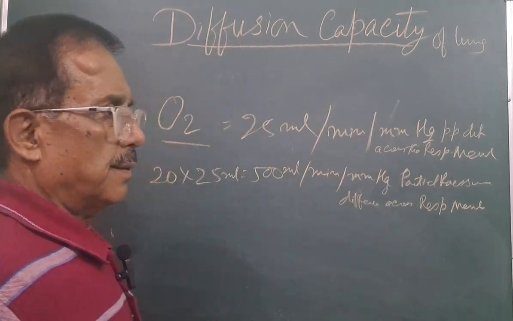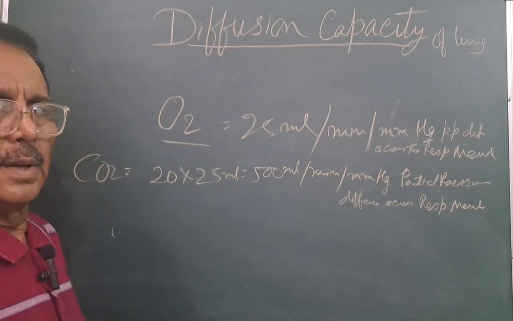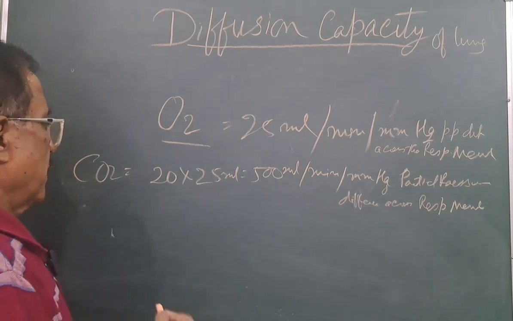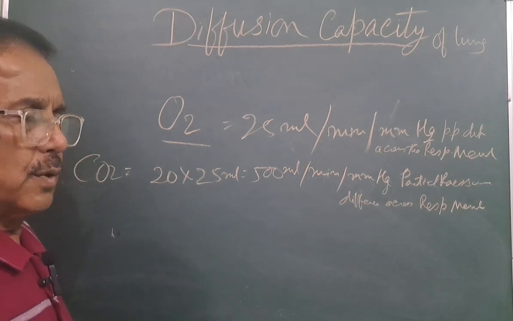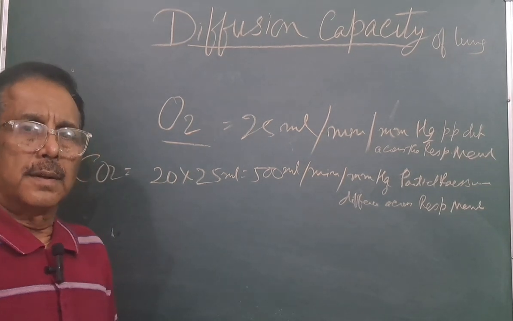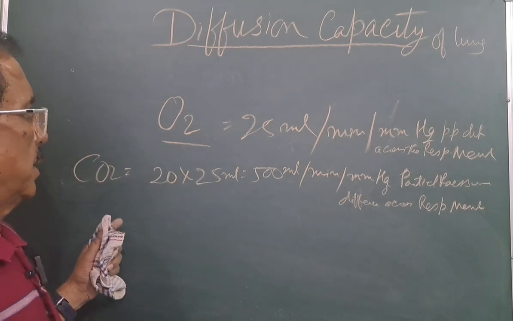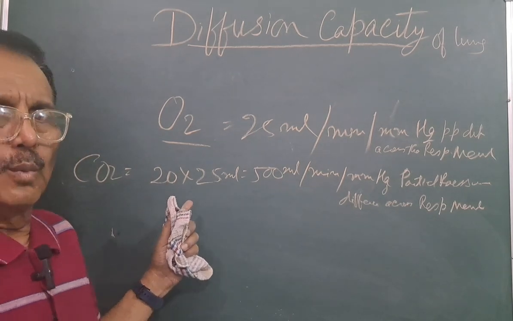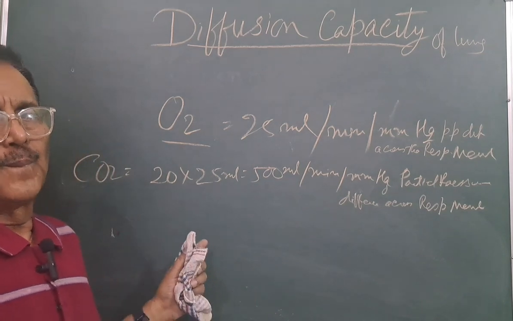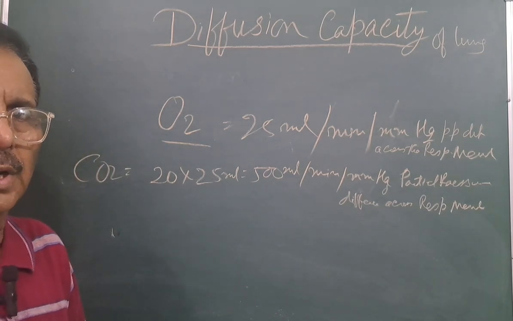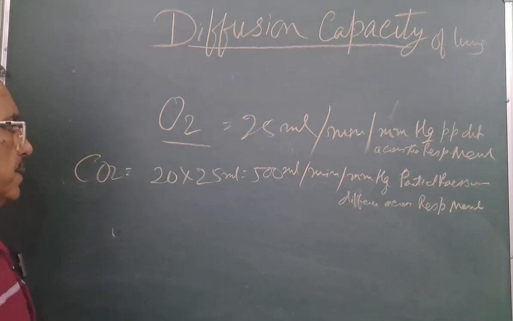Therefore, when there is some disease of respiratory membrane, then diffusion of oxygen reduces, but diffusion of carbon dioxide, with more diffusion capacity, is not hampered, not reduced to a large extent.